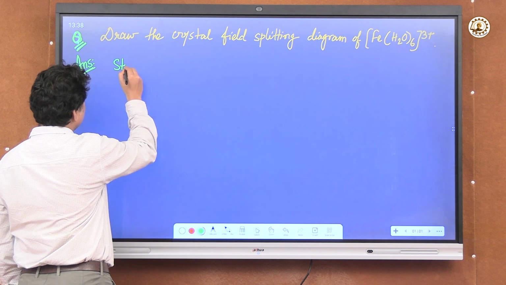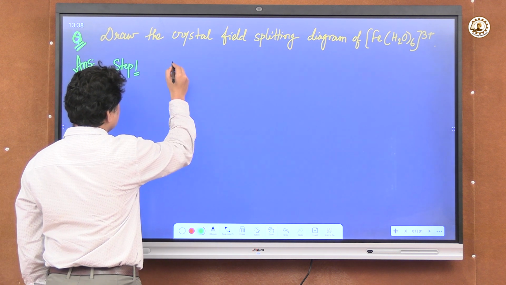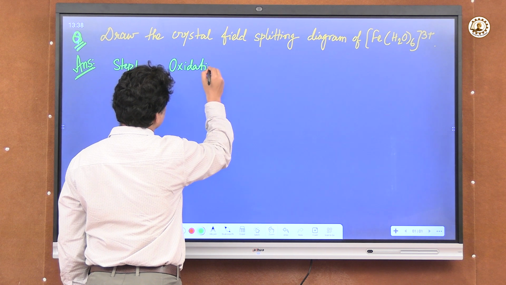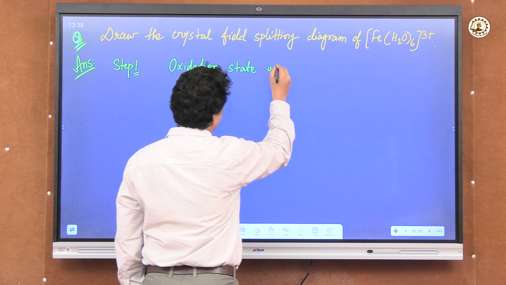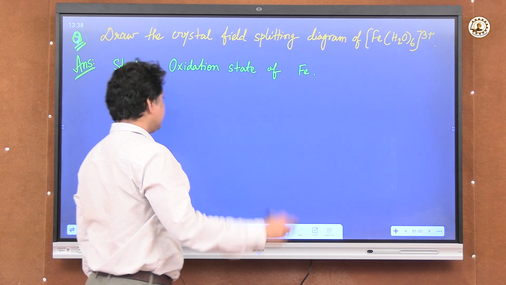The first step, step 1, what we need to find out? We need to find out the oxidation state of iron. And how to do it?